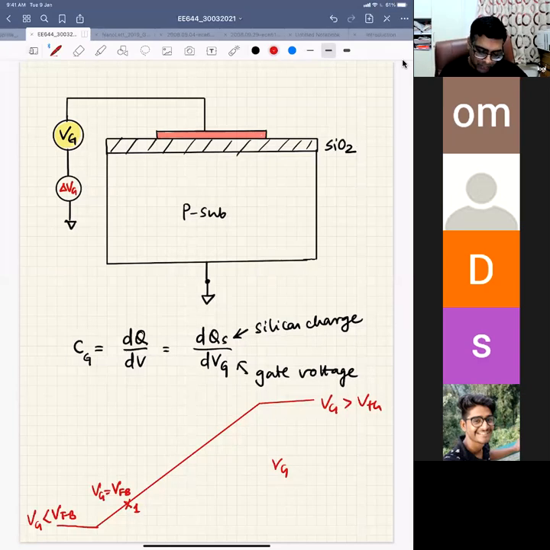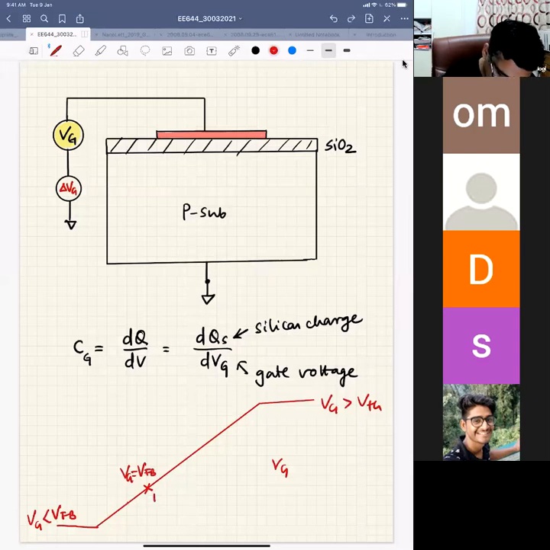Okay, let me do it differently. Let's say this one is your VG equal to VFB. So this is point 2, and point 1 will be somewhere with VG less than VFB. So let's say this is point 1.